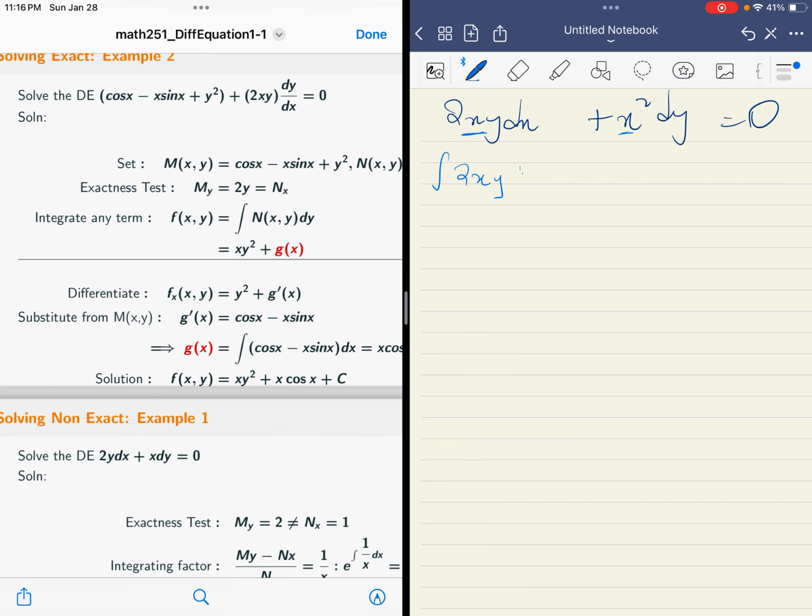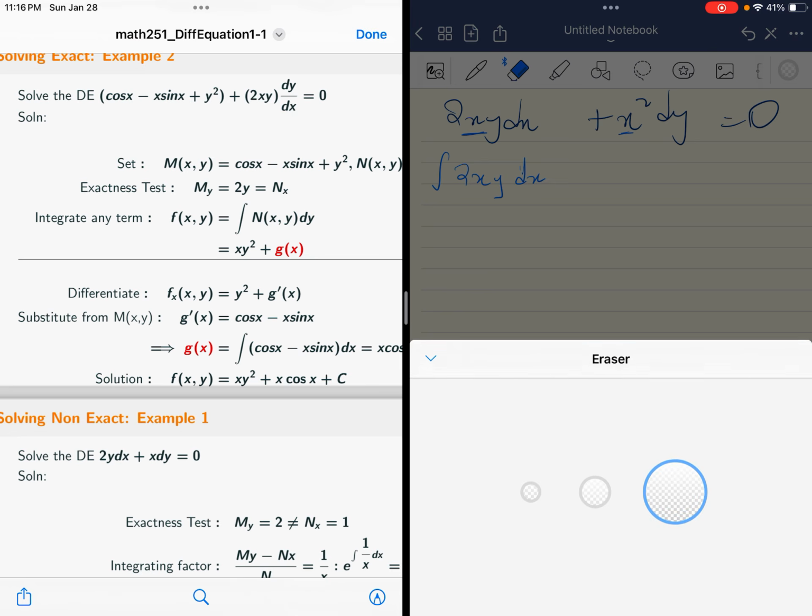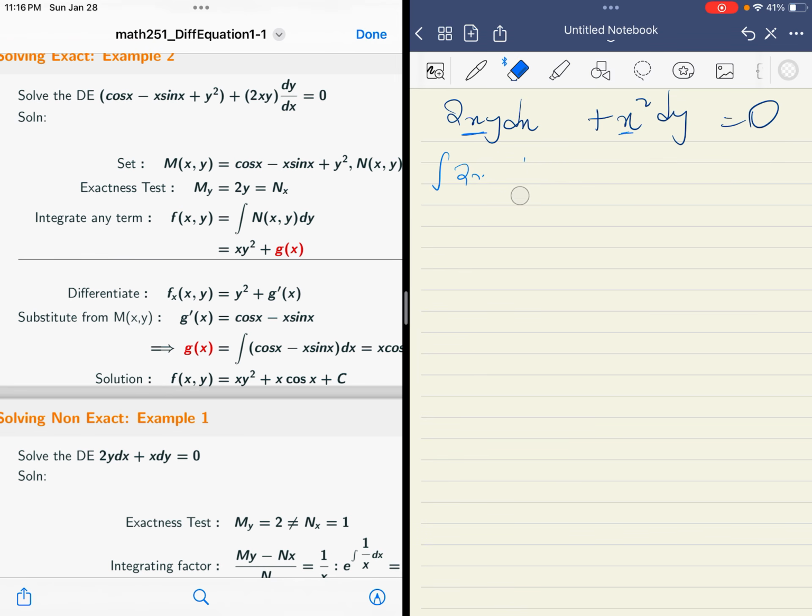So since I'm picking 2xy, I'm going to be integrating with respect to x. Now, I think the decision I made first was correct. Forgive me for my confusion. I don't want to make my own life difficult. So we take the integral of x squared dy. I think they are both fairly confusing to a point, but we are able.